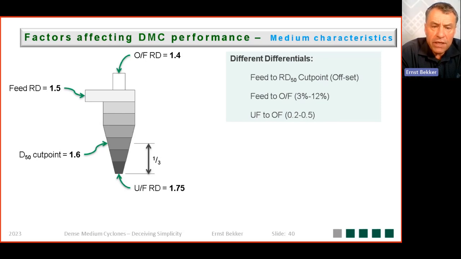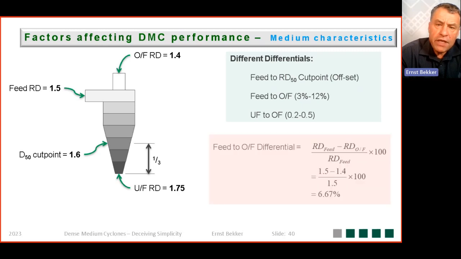That is just subtracting the overflow density from the underflow density, or vice versa. And if the answer is between 0.2 and 0.5, you are within specification.